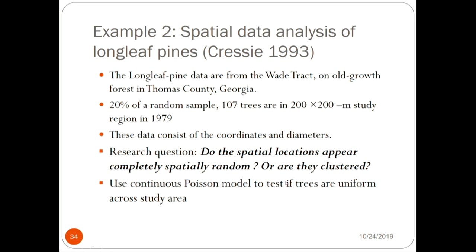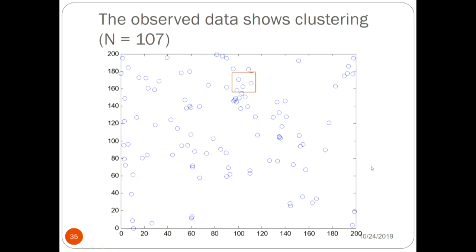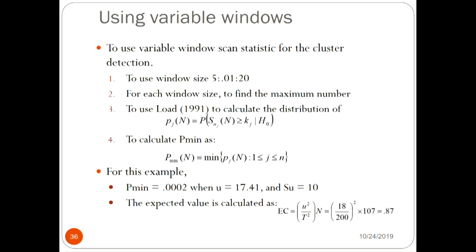Our research question is: do the spatial locations appear to be complete spatial random, or are they clustered somewhere? If I plot the data here, we find there is kind of clustering in this area. There could be some clustering in this area, but we need to test that. We need to calculate the test statistic, and we also need to determine the significance level of the p-values here.